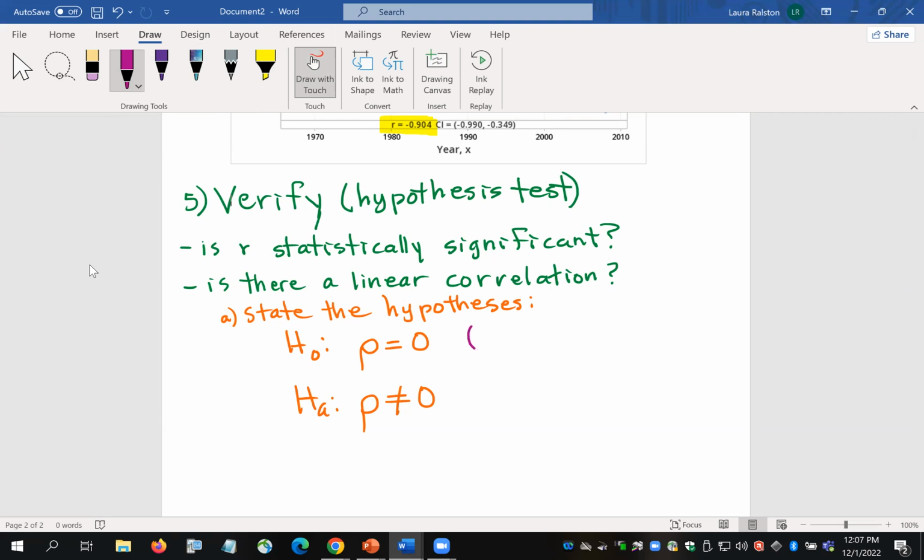If rho is near 0, that means there's no linear correlation, and R is not statistically significant.